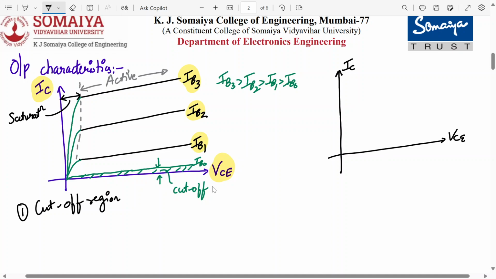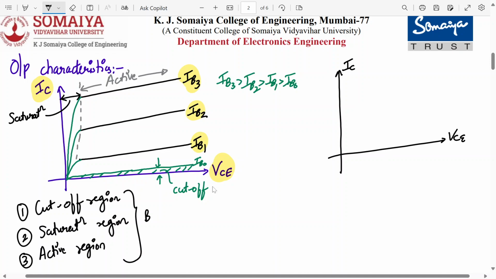They can even ask you to show the operating regions in the output characteristics. Then we have the saturation region. Then we have the active region or forward active region. So we get to know about these three regions. These are called BJT operating modes or operating regions.